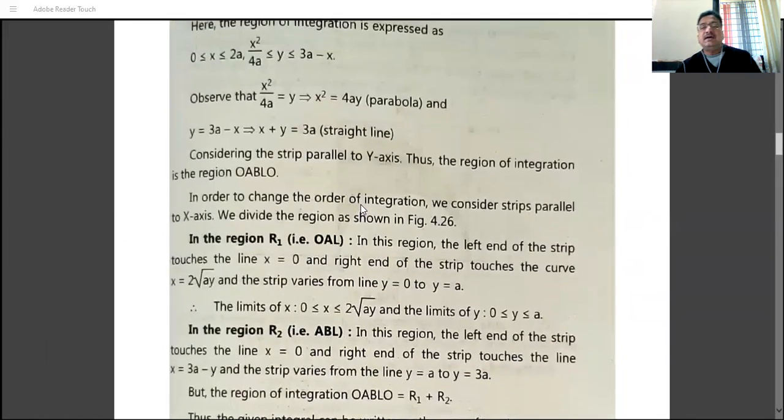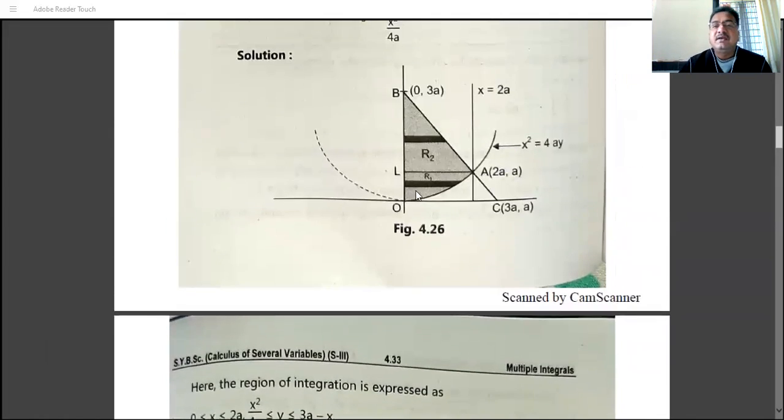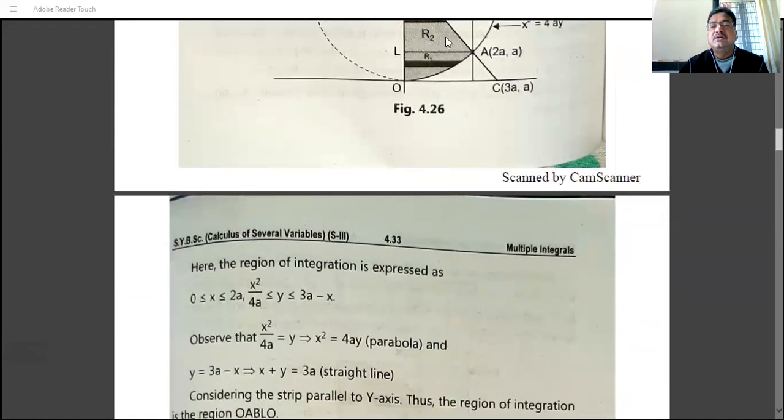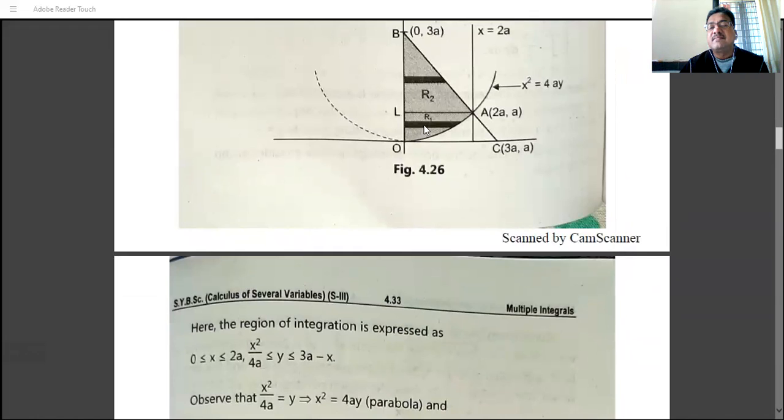First we observe that we have to integrate with respect to x first, which means we have to take a strip parallel to the x-axis. If we move this strip from this point to this point to cover this area, then after this line LA, the one end of the strip touches this straight line, whereas before that it touches the parabola x square is equal to 4ay.